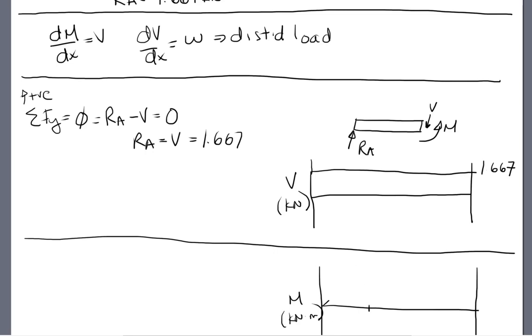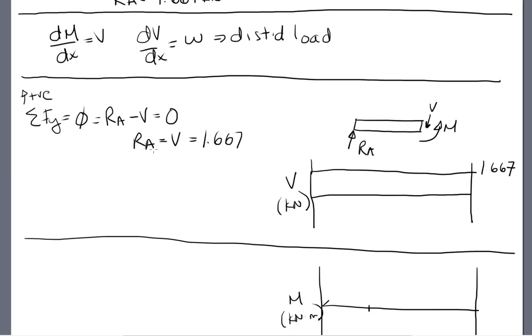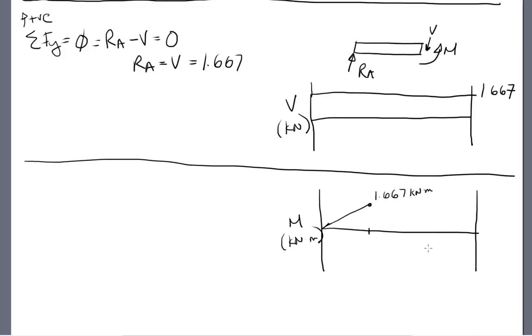They haven't labeled it, so it's at the applied load. We've got A and B, and then a 5 kilonewton applied load. So dM/dx is equal to V, so 1.667 times 1 meter. This is going to go up to 1.667 kilonewton meters.